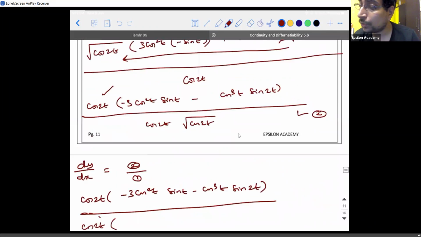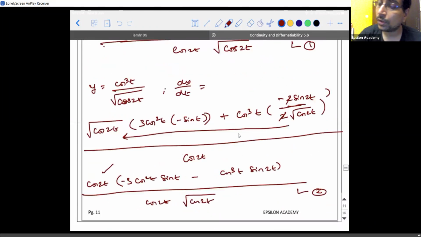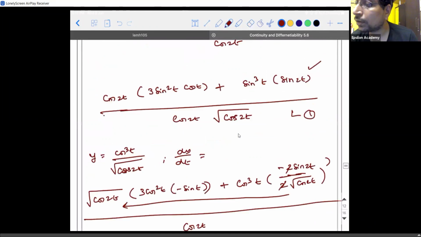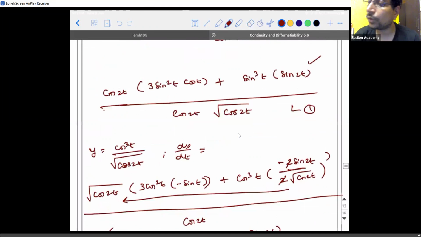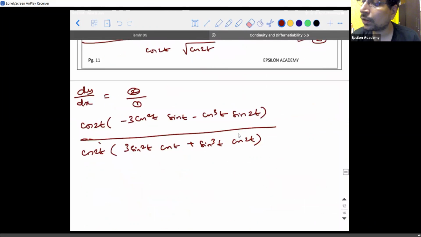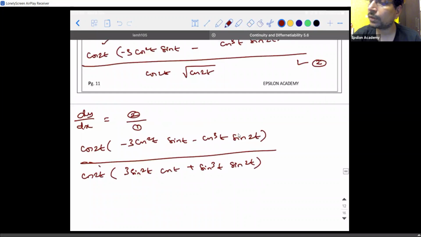Cos 2t into 3 sin square t cos t plus sin cube t into sin 2t.